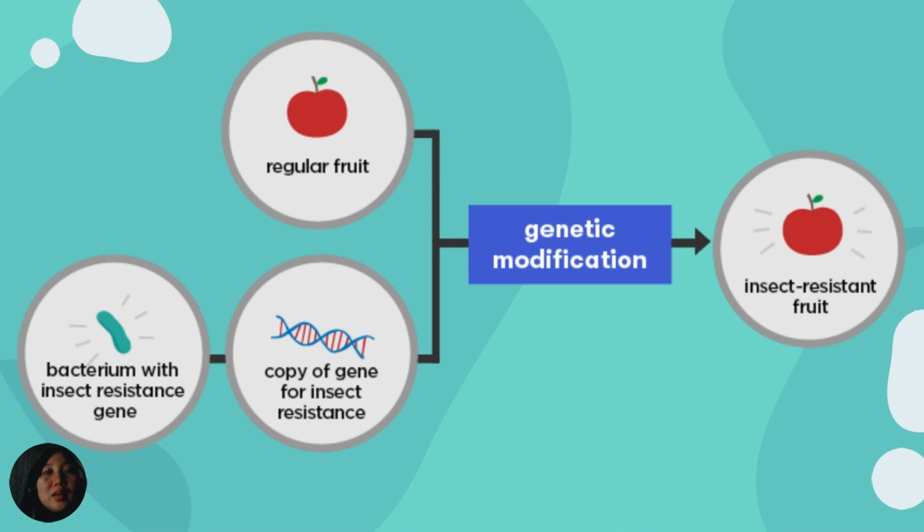Next, this is an example of genetic engineering. You can see in the slide, we have a regular fruit, an apple. We modify the genetic makeup of this apple by inserting a copy of a gene for insect resistance, so that the fruit can have the trait of insect resistance. This is genetic modification or genetic engineering.